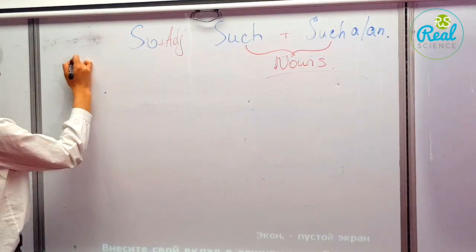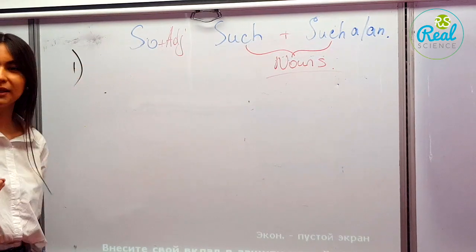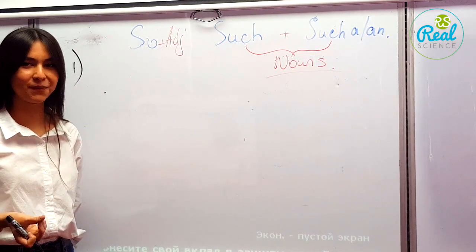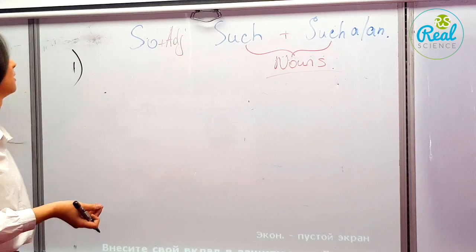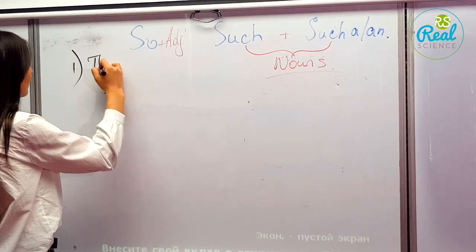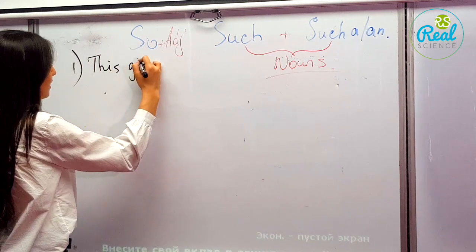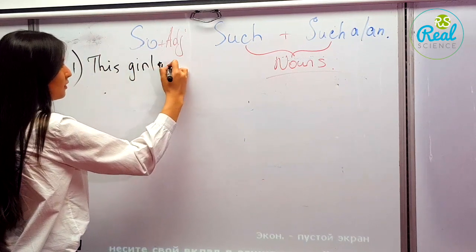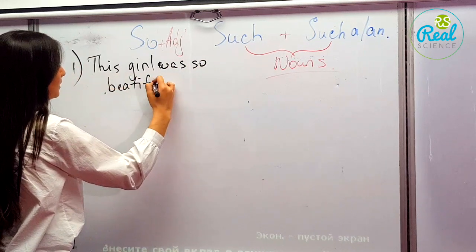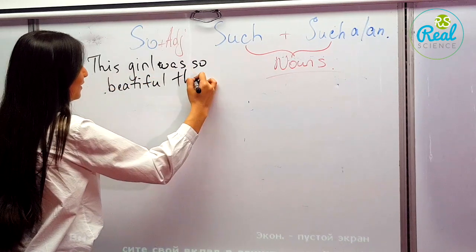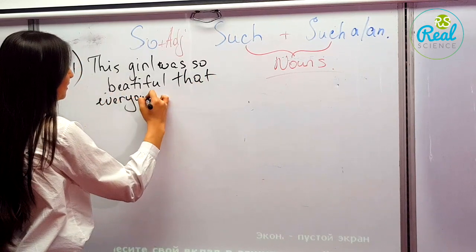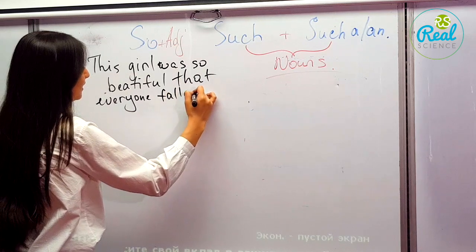Okay, now let's give examples for them. Can you give me examples by yourself, or should I give them? You are so beautiful. Okay. So this girl was so beautiful that everyone fell in love.